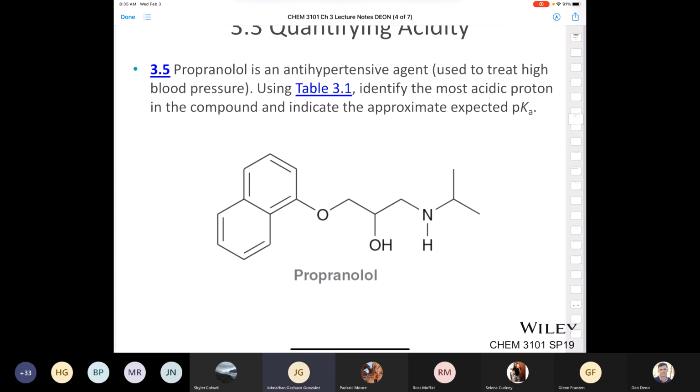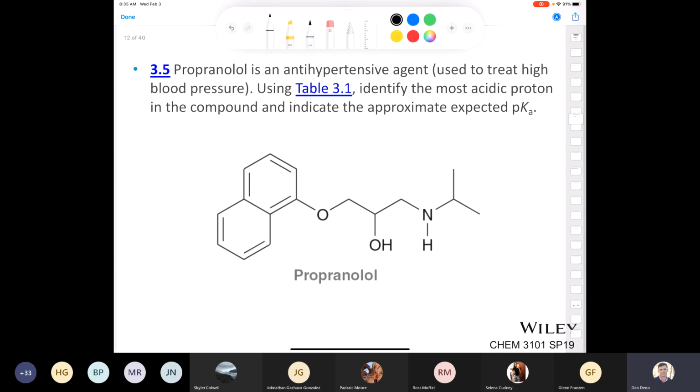Is it the carbonyl acid? So there's no carboxylic acid in here. A carboxylic acid is when we have a carbonyl with an OH bound to it like that. That's a carboxylic acid. Could anybody tell me the functional groups?